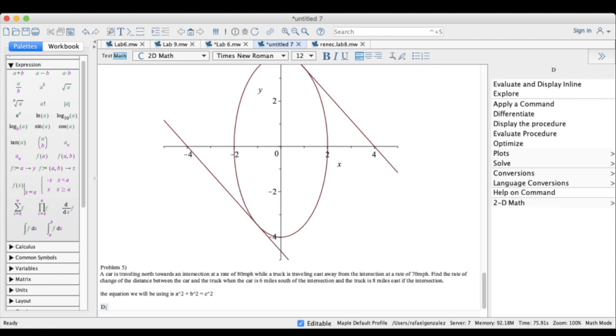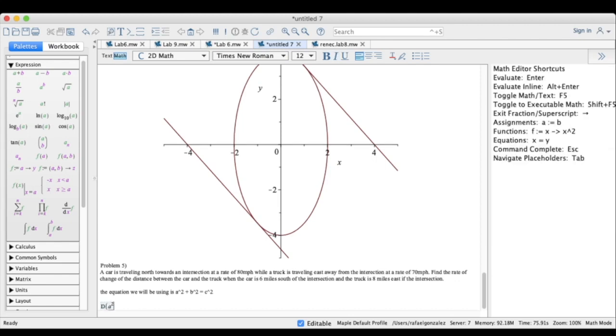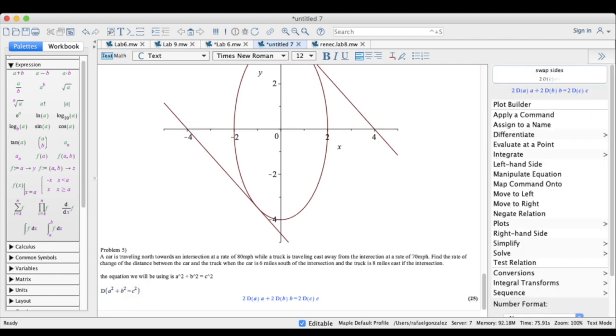So it's going to be a squared plus b squared equal to c squared. And we have that the derivative of that equals 2 times the derivative of a times a plus 2 times the derivative of b times b equals 2 times the derivative of c times c.